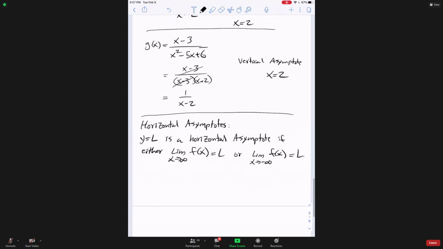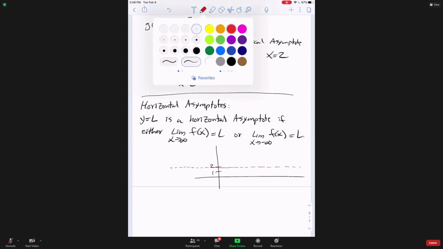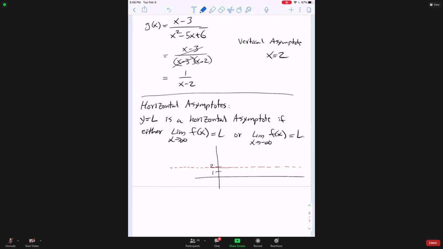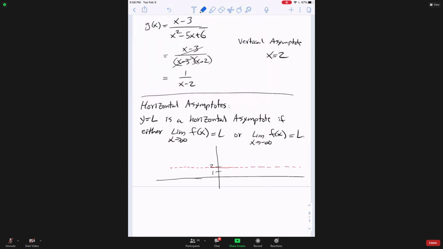So let me show you by giving an example. Let's say you got y equals 2. So for y equals 2, in this case L being 2, let me draw this a little bit further. So y equals 2 is a horizontal asymptote if either one of these is true.